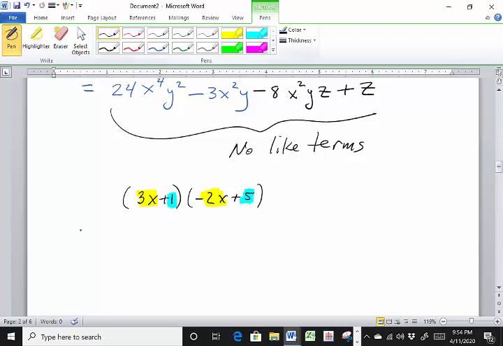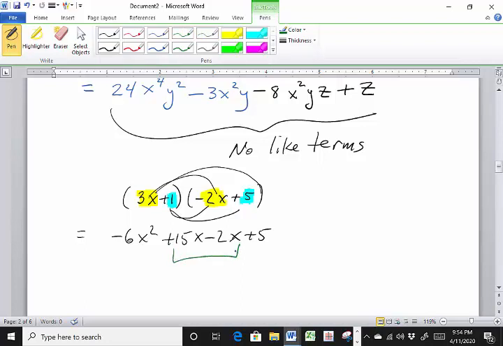So if I did this really quick, that would be negative 6x squared plus 15x minus 2x plus 5. Okay? So I go this times this, this times this, this times this, and this times this. But the key thing I wanted to show you here is, look, these combine. All right? So that equals minus 6x squared plus 13x plus 5. All right? That only works because the first two terms were like and the second two terms were like.